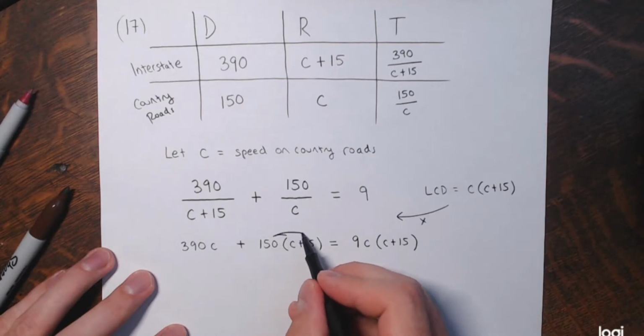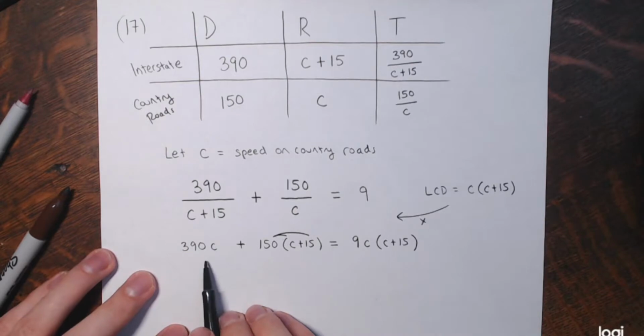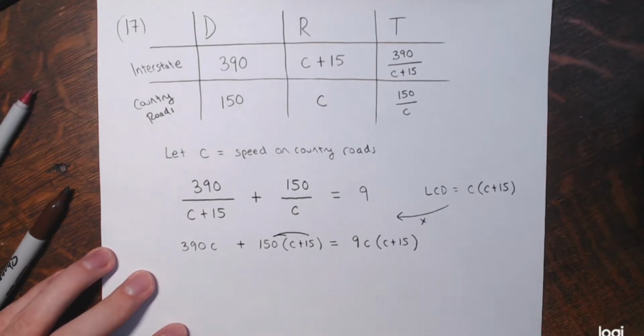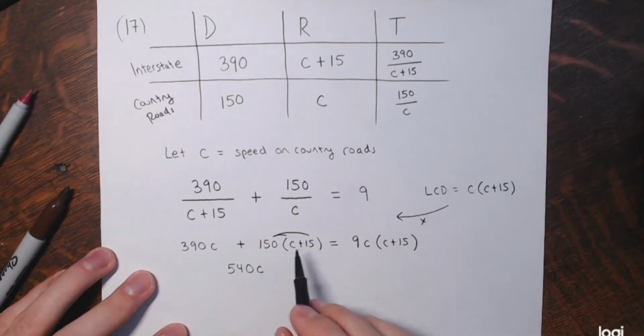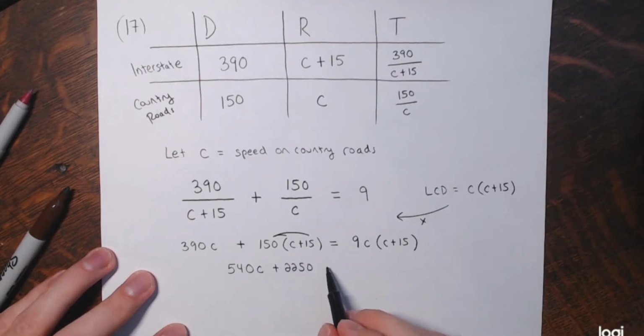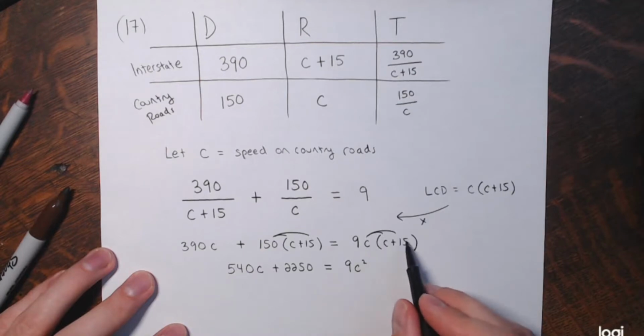Distributing the 150 here, combining like terms, we have 390C plus 150C, 540C. And then 15 times 15 is 225 with a 0, so plus 2,250 equals, and then distributing the 9C here, we got 9C squared plus, and then 90 and 45 make 135, right?